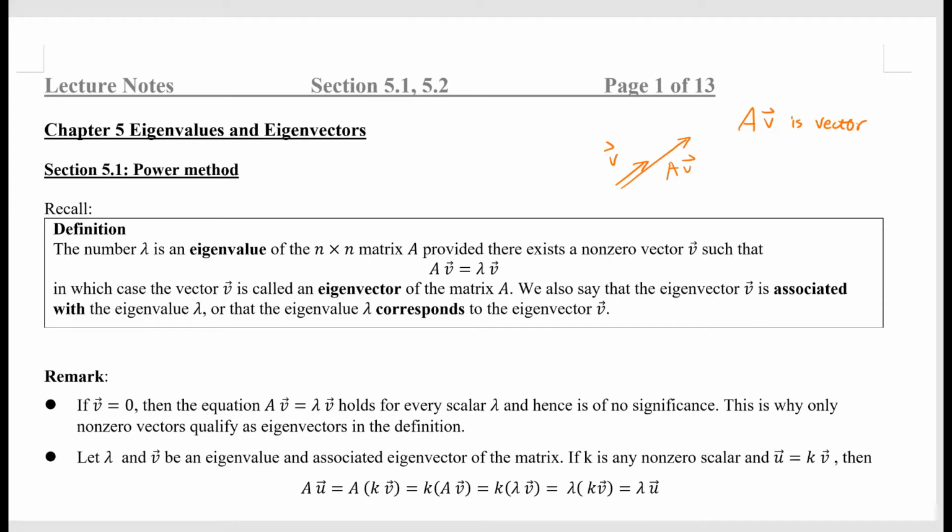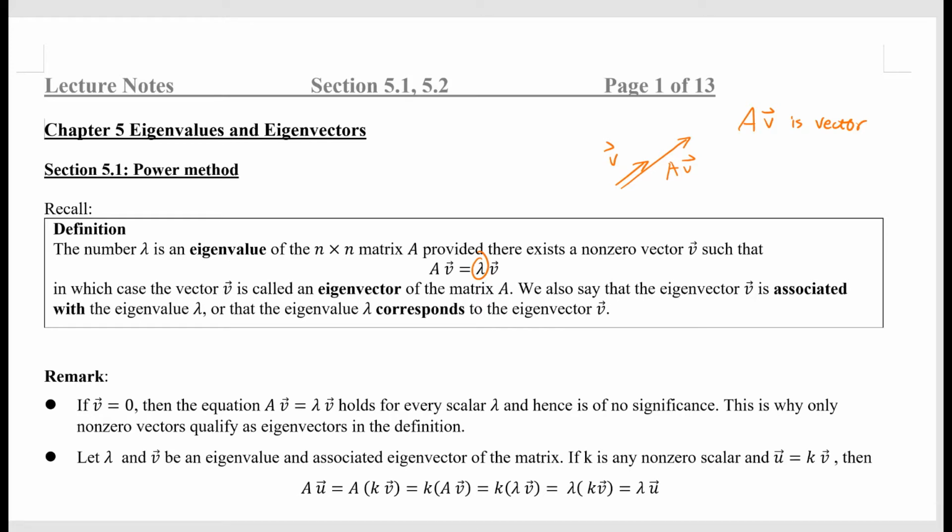So that's why there is lambda such that Av equals lambda v. Then in this case, the vector v is called an eigenvector of the matrix A. We also say that the eigenvector v is associated with the eigenvalue lambda, or that eigenvalue lambda corresponds to the eigenvector v. So far, so good, everybody?